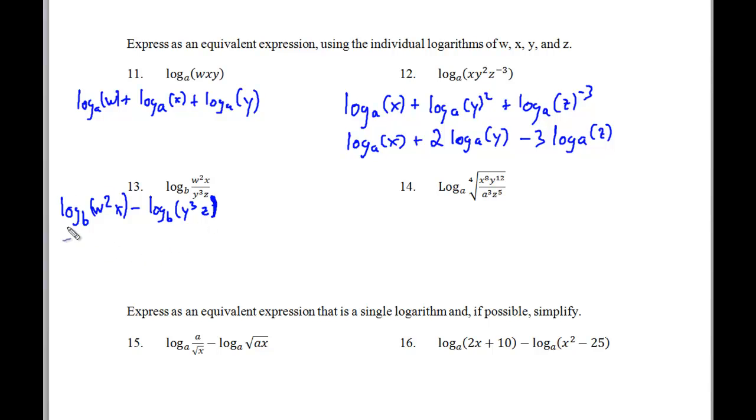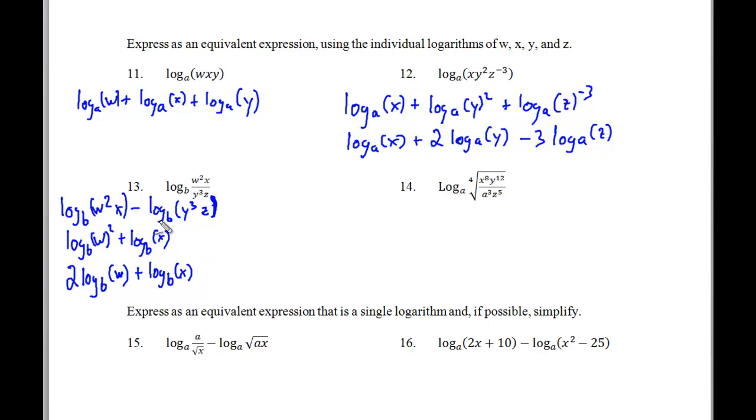Now what I'm going to do is take care of the left-hand side first. I'm going to take this as log base b of w squared plus log base b of x. Now that 2 can get moved out to the front, so this left-hand side becomes 2 times log base b of w plus log base b of x.